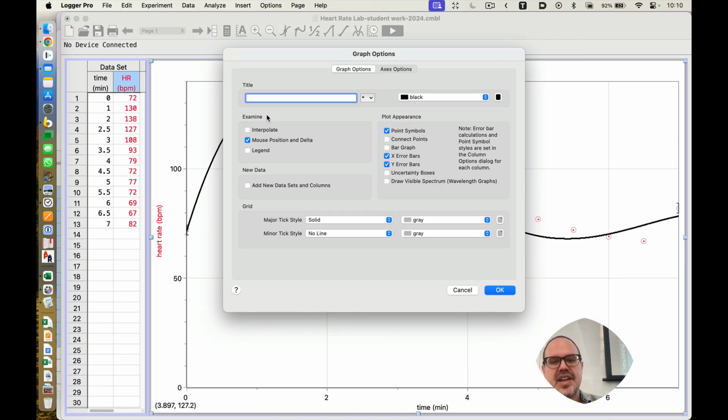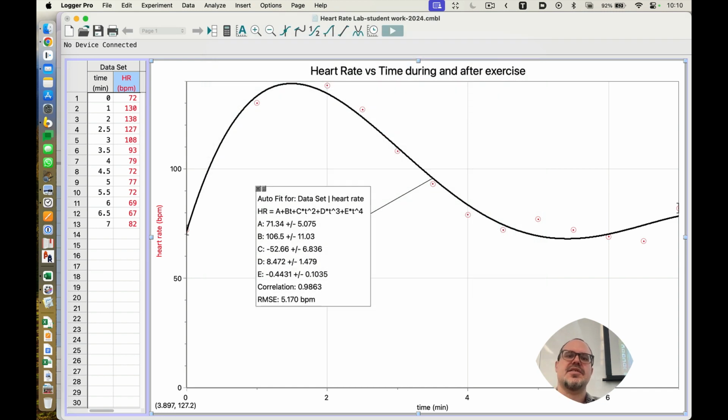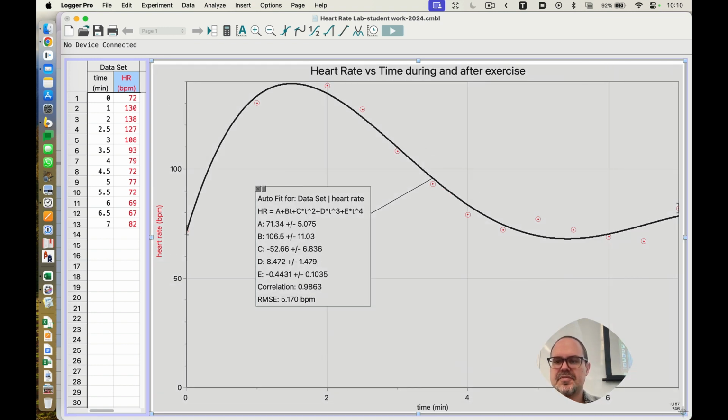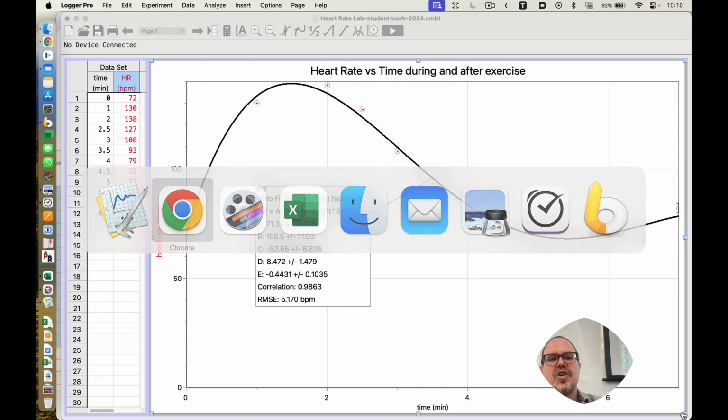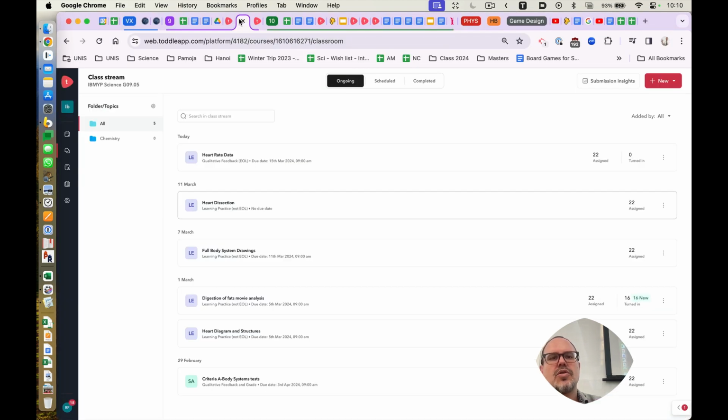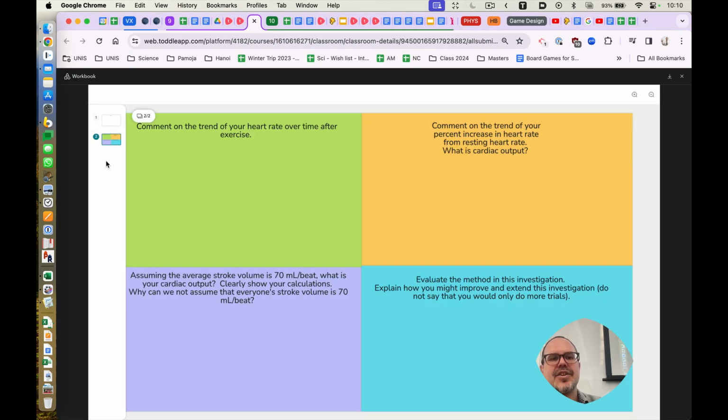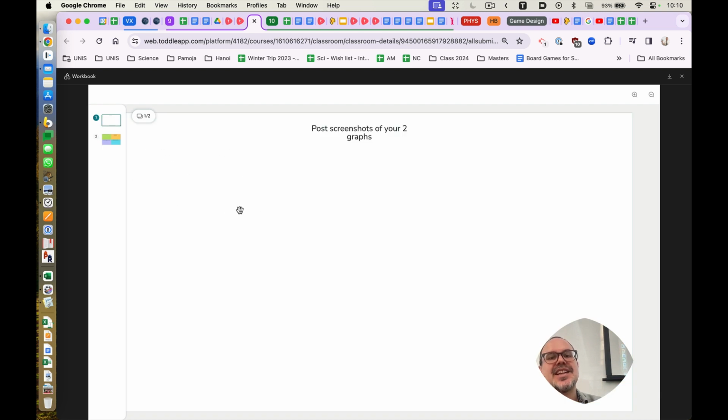So I'm gonna say heart rate versus time during and after exercise. Then I would take a screenshot of this and I would go to good old Toddle right here and paste it in.